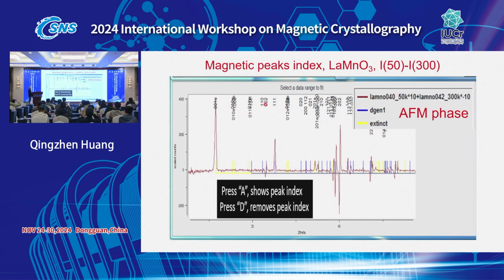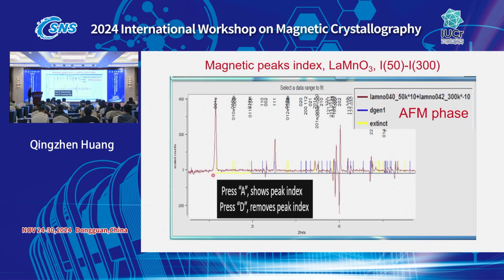In the switch to Pnma, the allowed reflections and forbidden reflections, the forbidden reflection index is followed by an E, which means extinction.